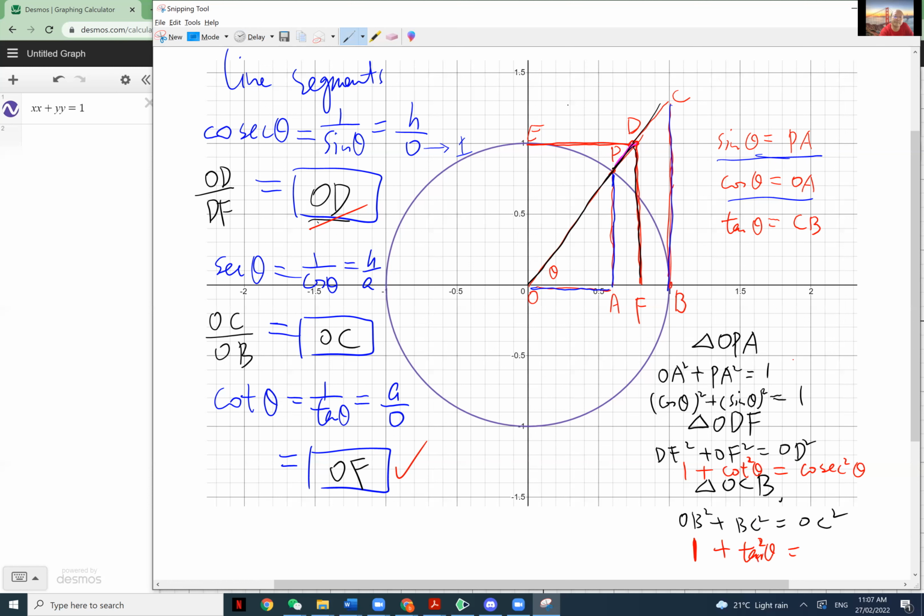OC is secant. This is 3 formulas. We got 3 Pythagoras in trig.